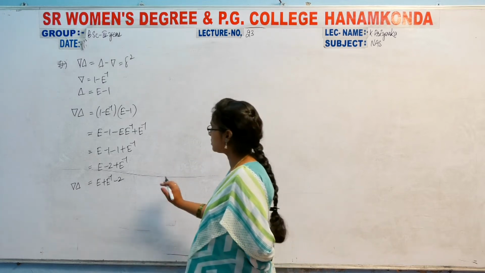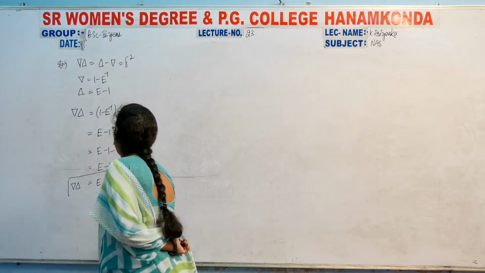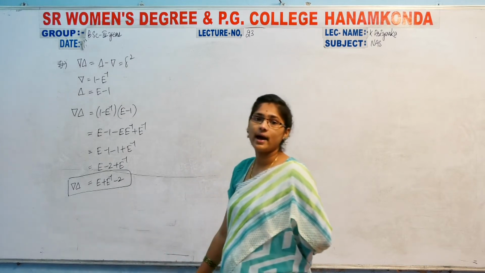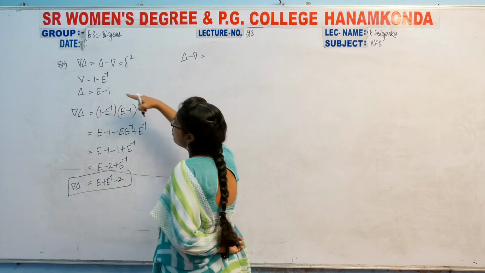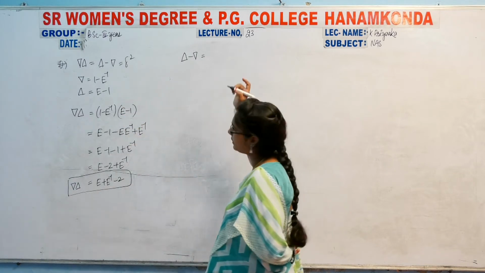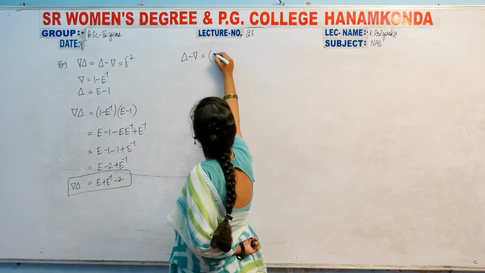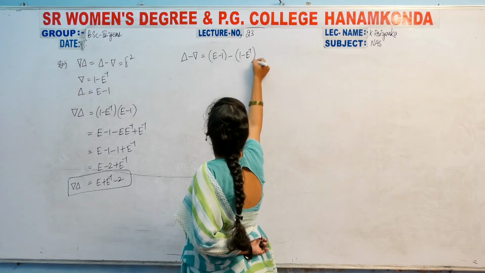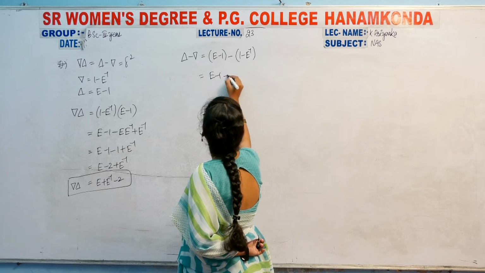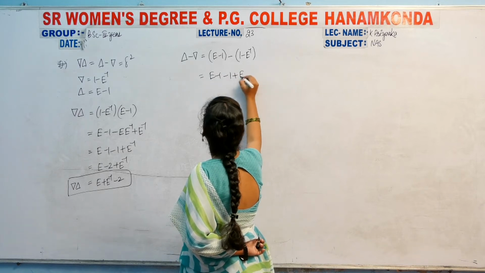Okay, now this is the value and I am boxing it. Next, for del minus backward operator, what is the value of the del here similarly? Now here del means E minus 1 minus 1 minus E inverse. Then E minus 1 minus 1 plus E inverse.